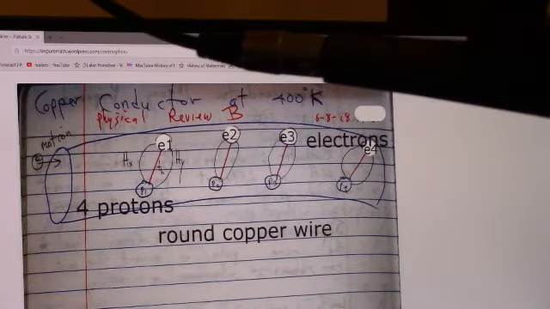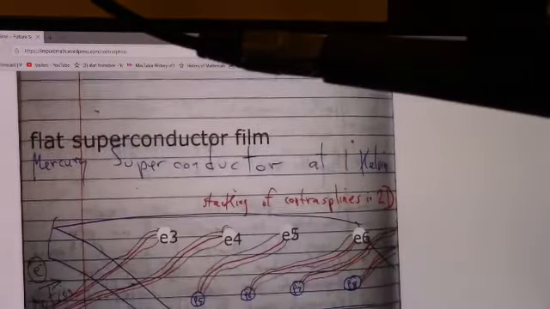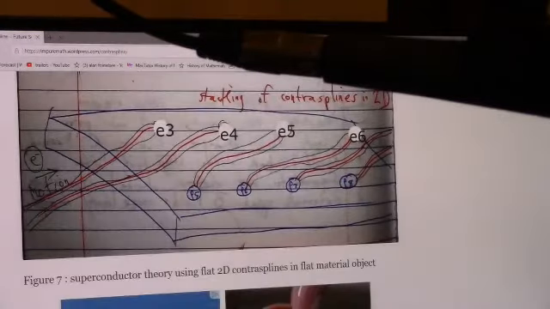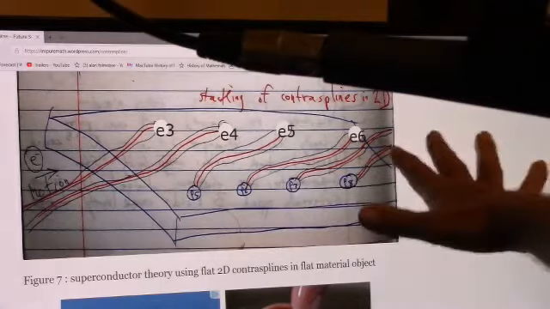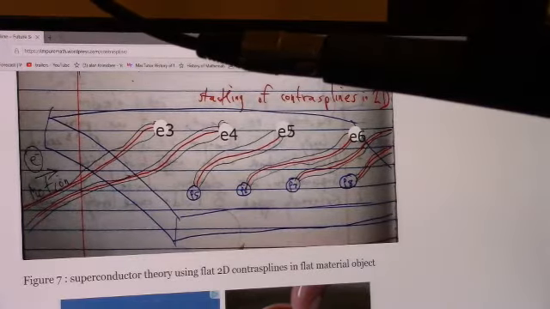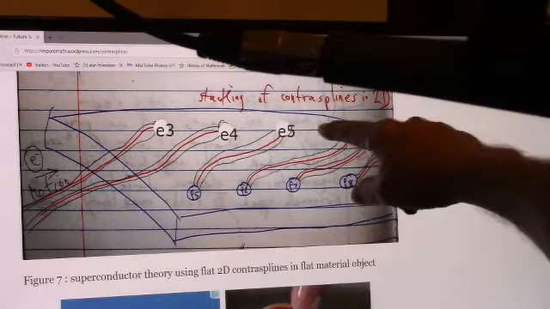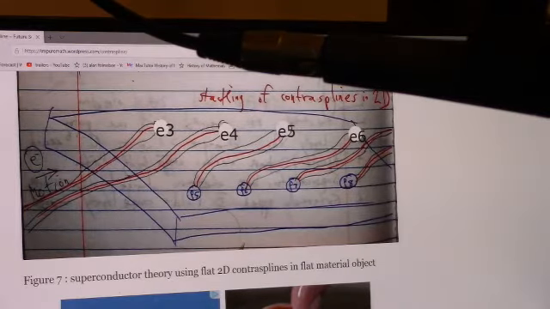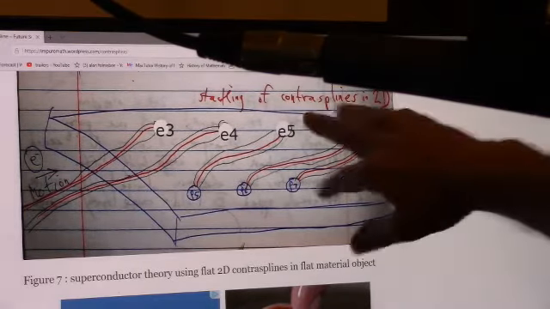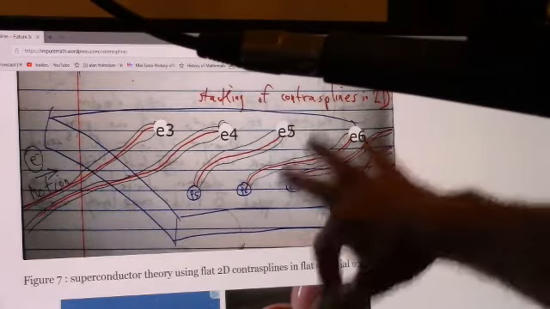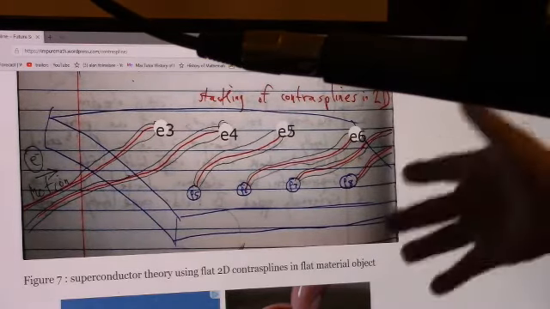And that's an ohmic cycle, and that will cause power dissipation. Now, on the other hand, in a superconductor, there is this picture where there's stacking of these contrasplines, these thin membranes, so that, for example, proton 5 and electron 5 are still connected there, even though electron 5 is much closer to proton 6 or proton 7 or proton 8.